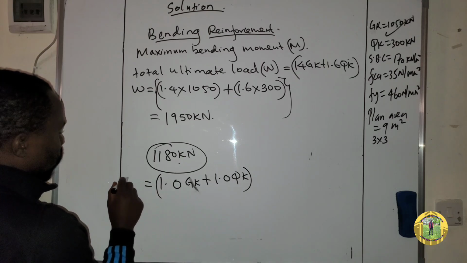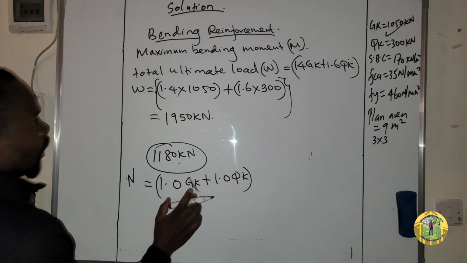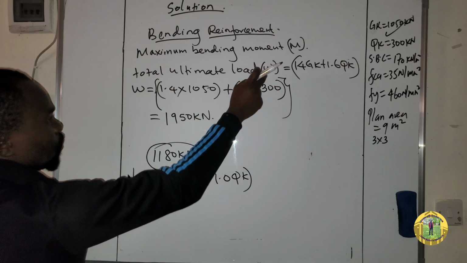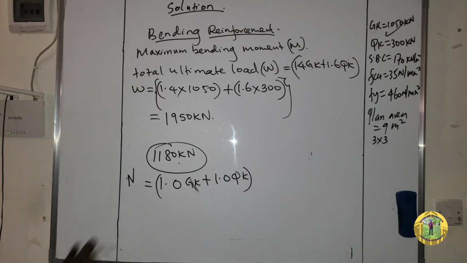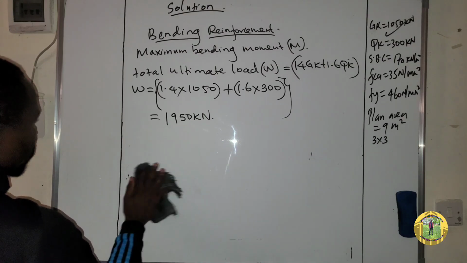So this one is equal to N. This one is used to calculate this. And when it comes to the ultimate design load W, use this as GK, not this one. So we proceed.